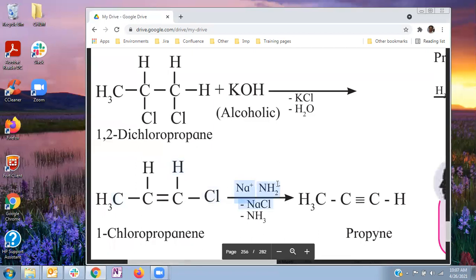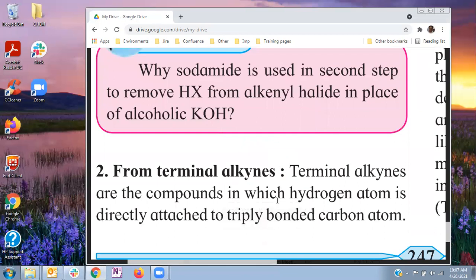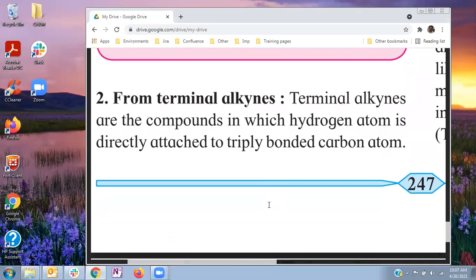When treated with sodamide, it gives sodium chloride and ammonia as side products. The main product is propyne, that is CH3C triple bond CH. And that is the first method for the preparation of alkyne, by dehydrohalogenation of vicinal dihalide.